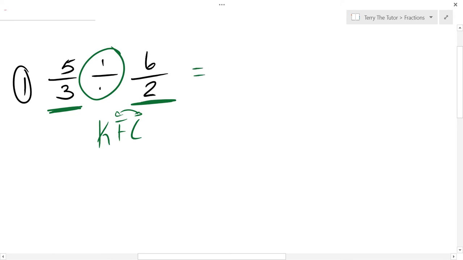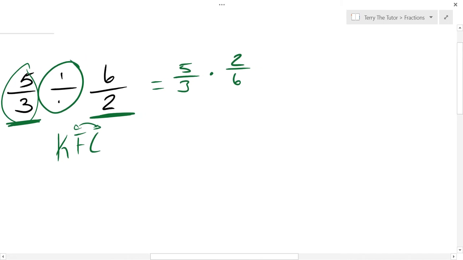Anyway, let's begin. We're going to keep this 5 over 3, so 5 over 3 does not change. We're going to flip the second fraction. Well, that's going to turn into 2 over 6, and the sign in the middle will change to multiplication. And now I can multiply straight across like I would any multiplication of fractions, and I wind up with 5 times 2 is 10, over 3 times 6, which is 18.